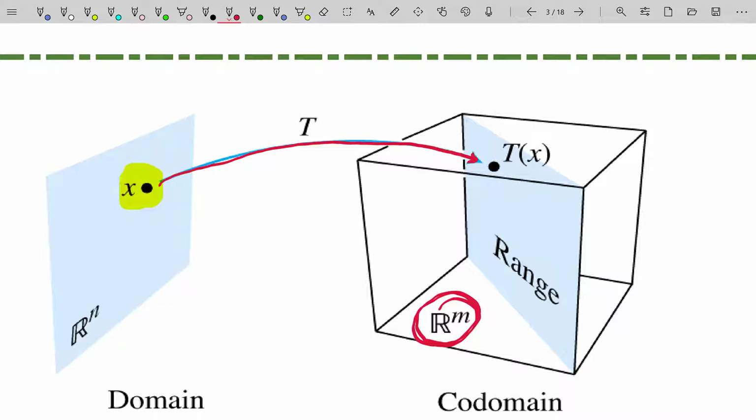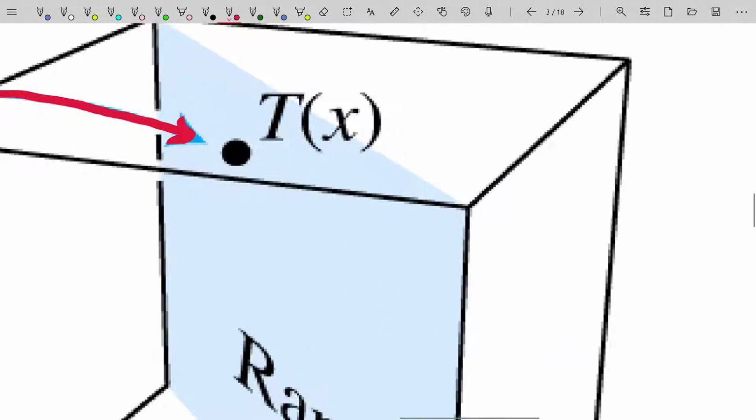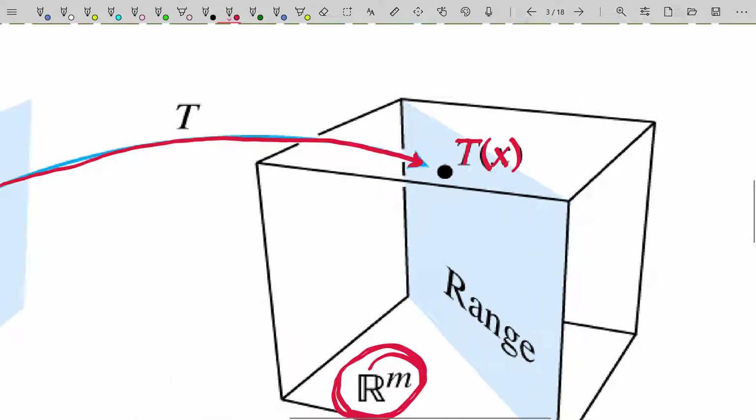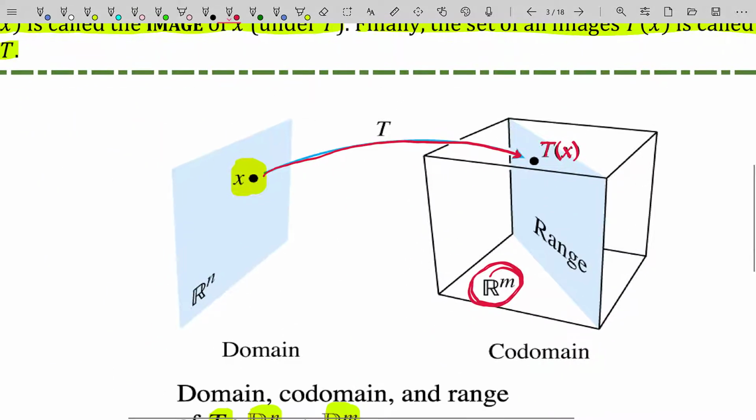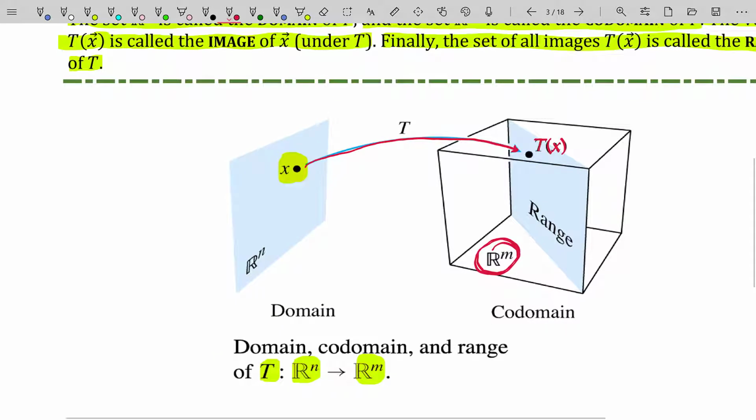So Rm is the codomain, and then all the values that x could possibly map to via T, that shaded region, is called the range. So again, the range might be smaller than Rm. It's just a smaller subset, but it could be the entire space Rm. You just don't know until you actually are handed the transformation. And even then, you probably don't know until you do some mathematics. But that's a really nice visual.